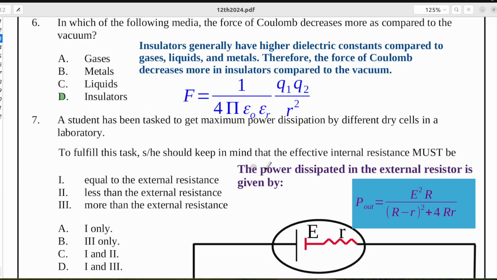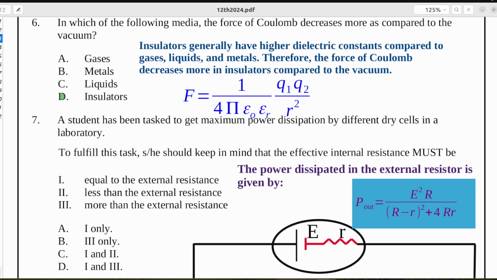Let's see the answer. The power dissipated in the external resistance is given by this formula. From this formula, we can say that the lesser the denominator, the greater will be the maximum power dissipation. So, in this case, if the effective internal resistance is equal to the external resistance, we can have maximum power dissipation.